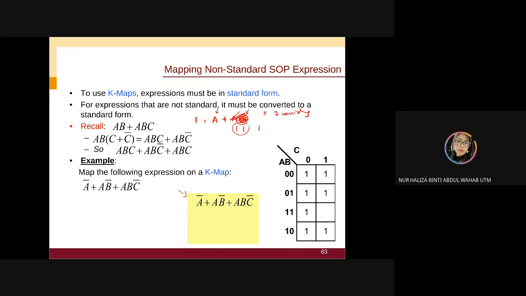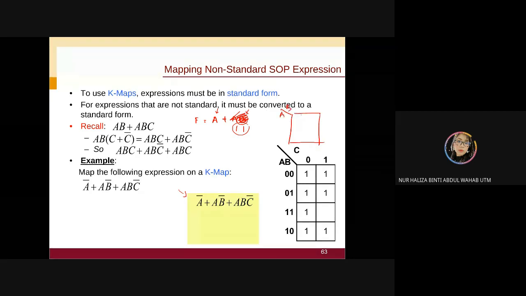Let me draw. A, B, 0, 1, 0, 1. 1, 1 will be 1. The rest I don't know yet. It depends on my situation here, right? Because I don't know this one.